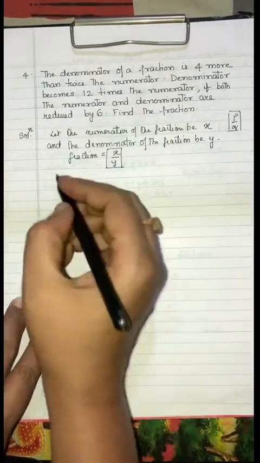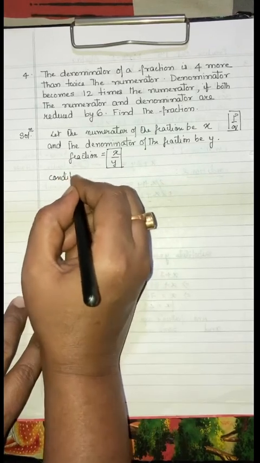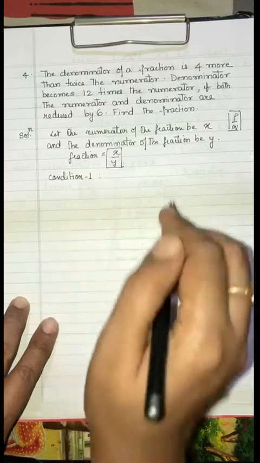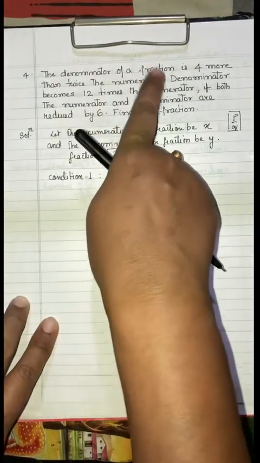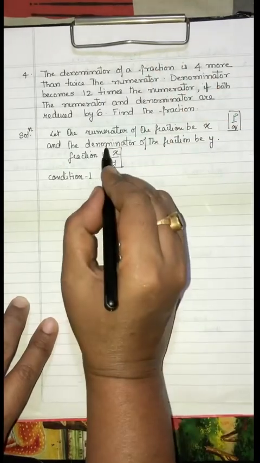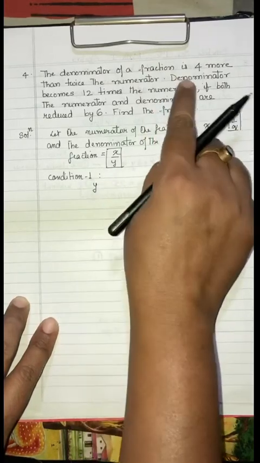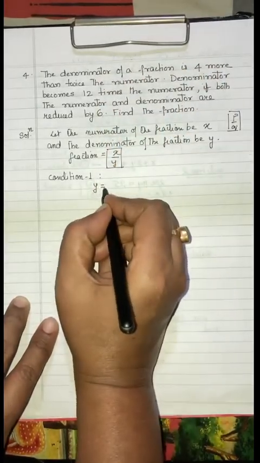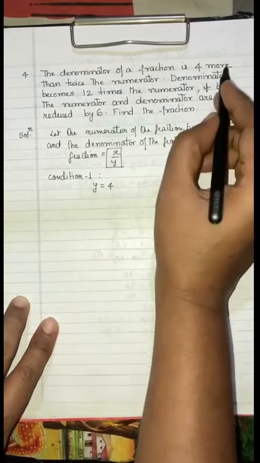Now, let us see the conditions, children. What the conditions are given, because if there are two variables, definitely two conditions will be there. So what are the conditions given? See, the denominator of the fraction is y. A fraction is, means equal to, 4 more than, children.